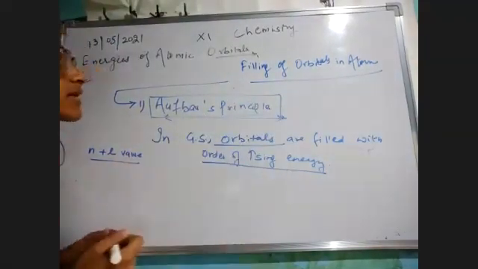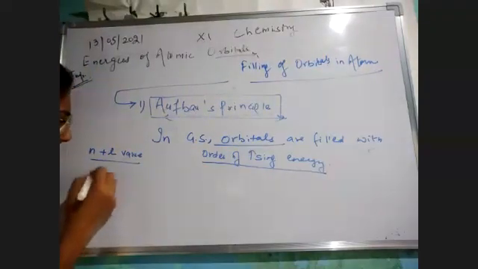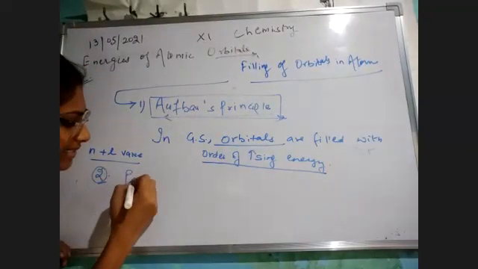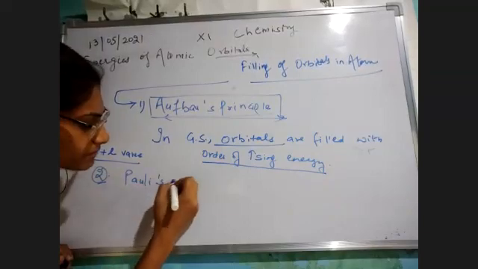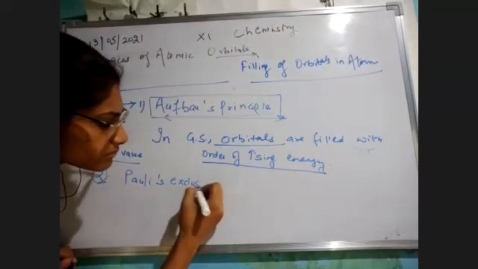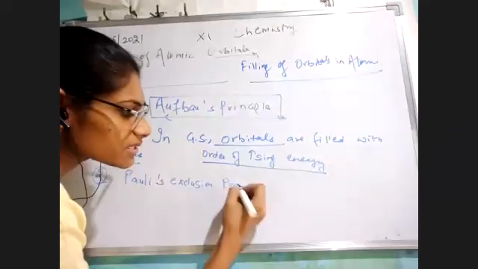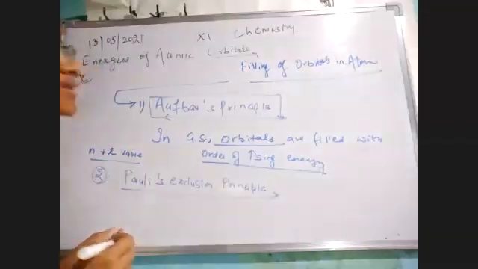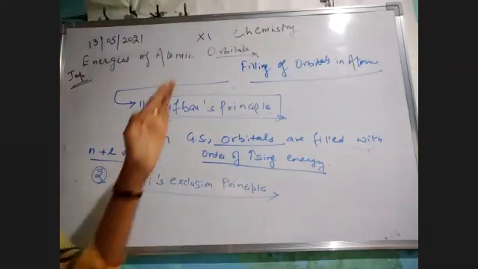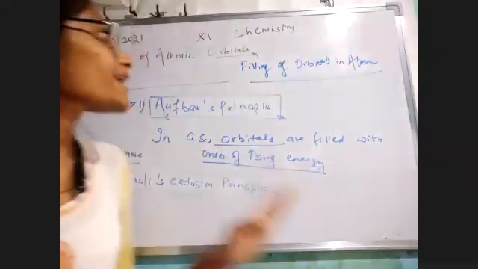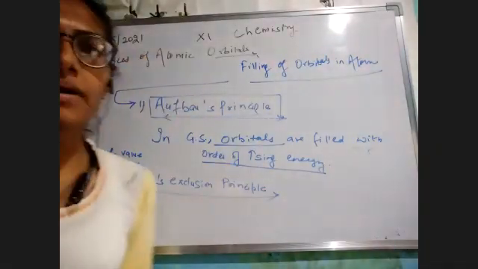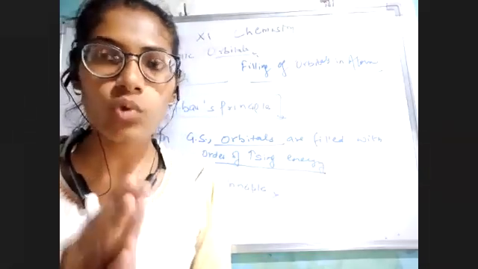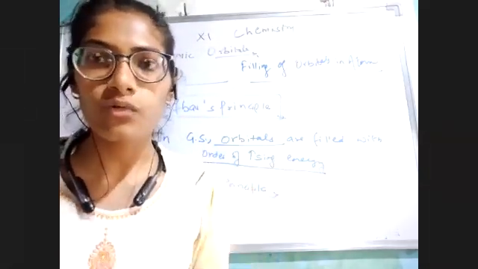Okay, now let's move to our second rule, that is Pauli's Exclusion Principle. See, till now you must have gathered that the filling of orbitals as well as the energies of atomic orbitals are totally dependent upon different kinds of rules.